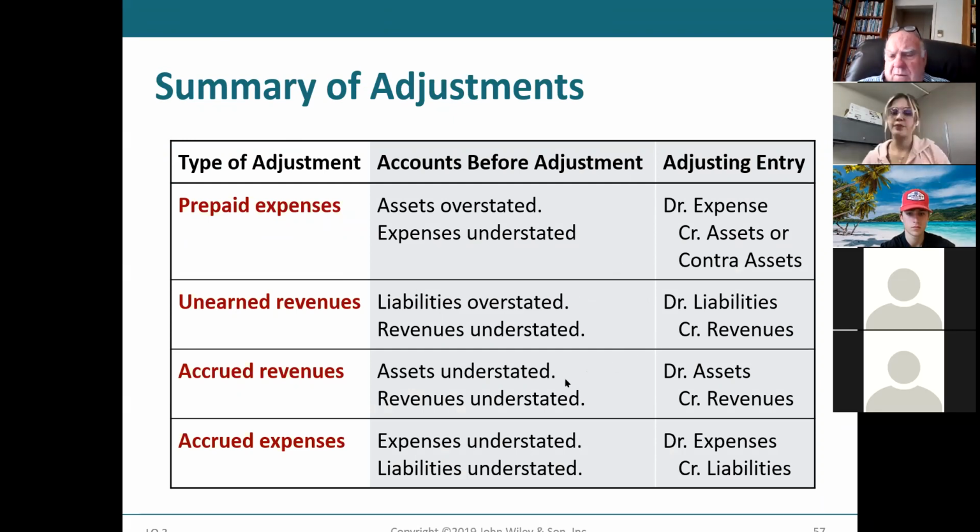Accrued revenue, probably interest income: you debit interest receivable, credit interest income. Accrued expenses could be anything. Debit salaries and wages expense, credit accrued wages payable. Debit electricity expense, credit accrued payables.